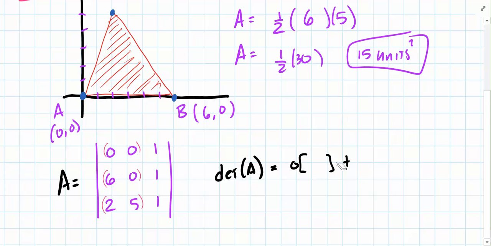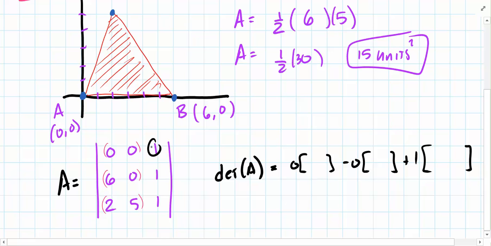Minus 0 times, who cares? Plus 1 times what? What's the leftover part? 6, 0, 5. So I'm going to have 6 times 5, 30. So the determinant of matrix A is 30.